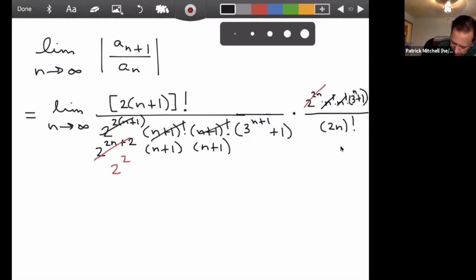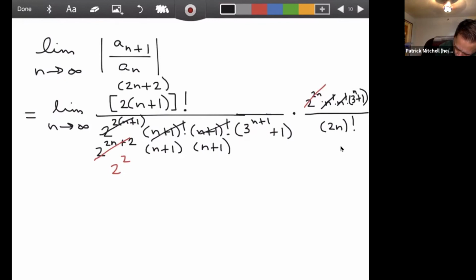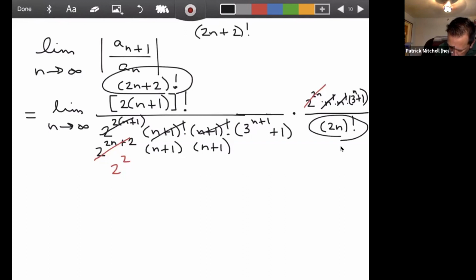Let me rewrite the factorial of 2 times n plus 1 as 2n plus 2 factorial. So I'm looking at this and this. And off to the side, let me just point out that the factorial of 2n plus 2 is 2n plus 2 times 2n plus 1 times 2n all the way down to 1. So in other words, times the factorial of 2n.